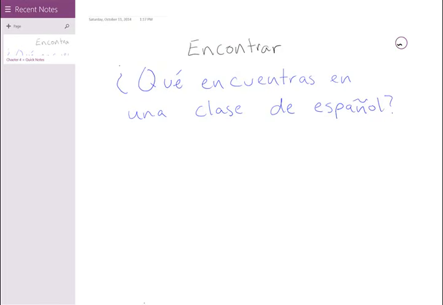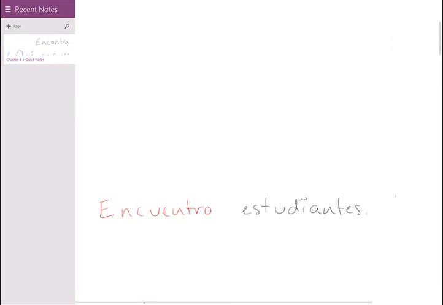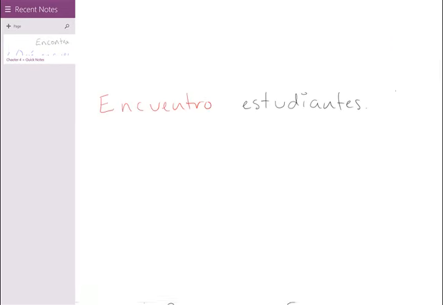Okay, clase. Let's look at an example of the verb encontrar, which means to find, right? ¿Qué encuentras en una clase de español? I'm going to give you a second. I want to see if you can answer it. Encuentro estudiantes.